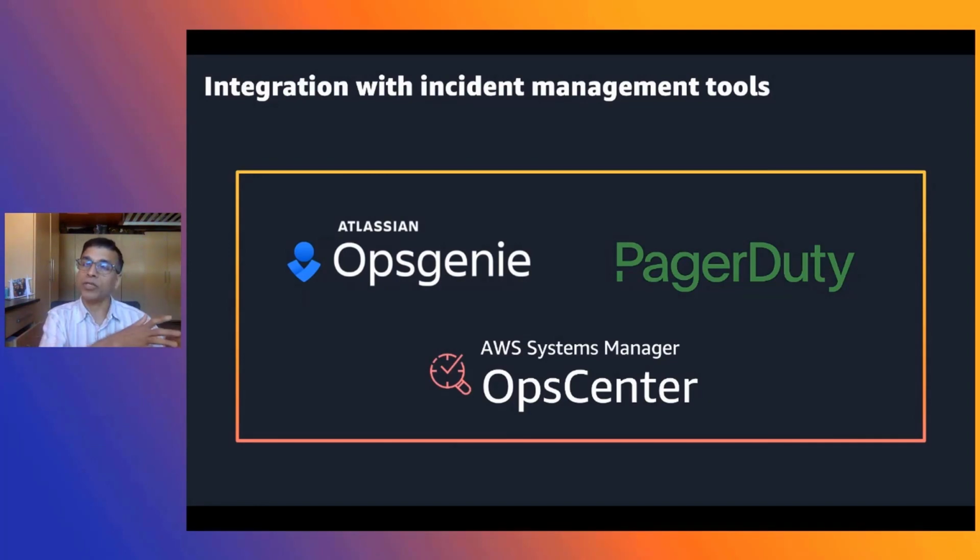And if you want to follow up on some action items or root cause analysis or any corrective action that needs to be taken as a preventative action, you can continue to use that. And you can independently close the ticket depending on your action items being followed. So that way, we have native integration within our Systems Manager as well as in our partner ecosystem like PagerDuty and OpsGenie.